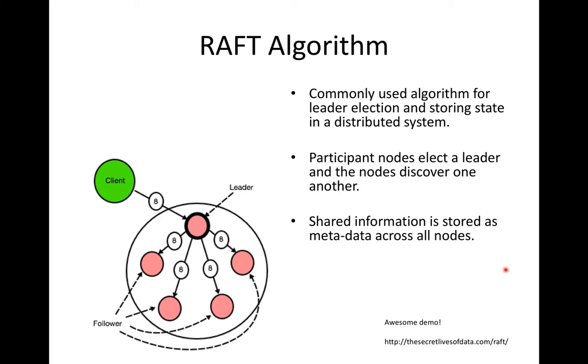As services come online, they can query the service discovery platform and make requests for the location of other services within the environment. And because the service discovery platform is using something like the RAFT algorithm, the service information that's stored within that platform is stored in a very consistent, highly available, and resilient manner.